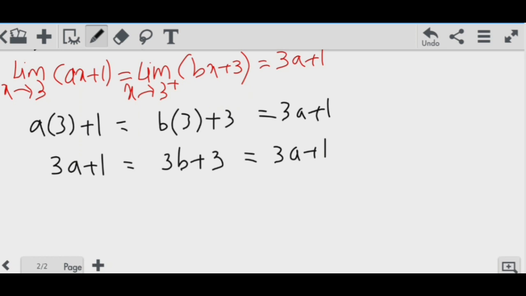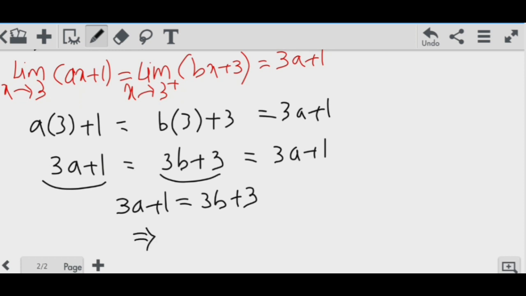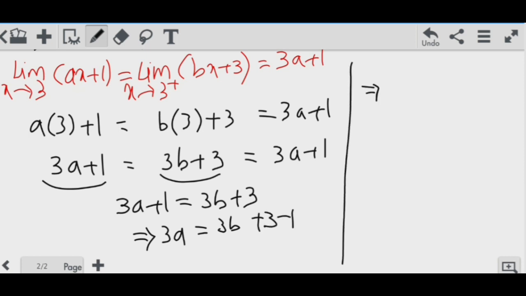So we want to generate the relationship between a and b. You can make use of 3a plus 1 and 3b plus 3. 3a plus 1 is equal to 3b plus 3, which implies 3a is equal to 3b plus 3 minus 1, that is 3a is equal to 3b plus 2.